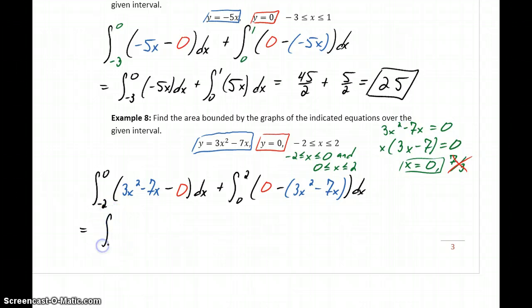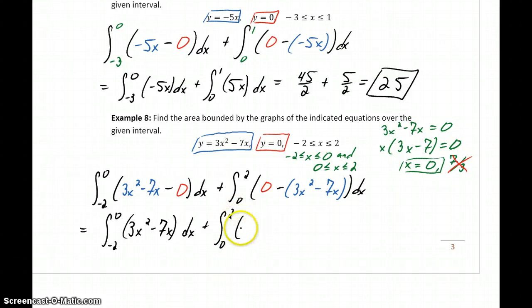So this would have us integrating from -2 to 0, the function 3x squared minus 7x dx, and then in a second integral, we'd be integrating from 0 to 2, the function -3x squared plus 7x dx. So we could evaluate both of those definite integrals, and that final result should end up being a total area of 28.